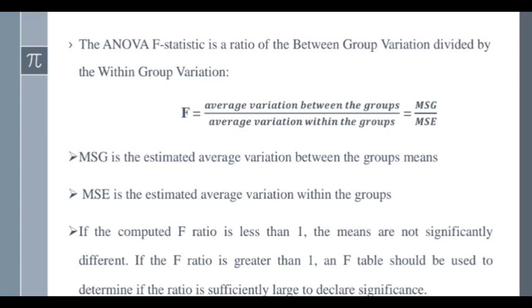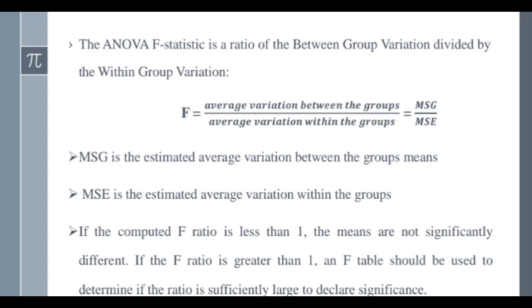The ANOVA statistic is the ratio of between group variation divided by within group variation. F is equal to the average variation between the groups divided by the average variation within the groups. It is denoted by MSG divided by MSE.